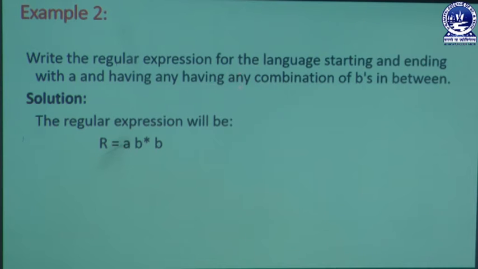In between this a and a we have any number of b's, not a's.